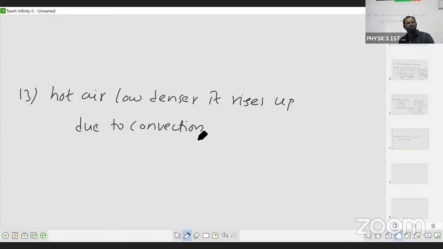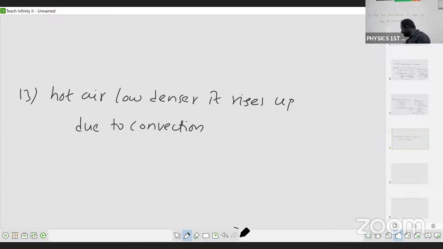I already gave a 4 marks explanation: conduction, convection, radiation. Convection means fluids. So hot air goes out from the ventilators with respect to the convection phenomenon. That's why hot air rises. When hot air goes up, ventilators are up only, just below the roof. That is the reason overall hot air is low denser. It rises up due to convection. So by the convection phenomenon, hot air goes outside from the room.